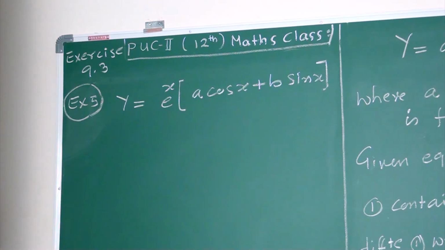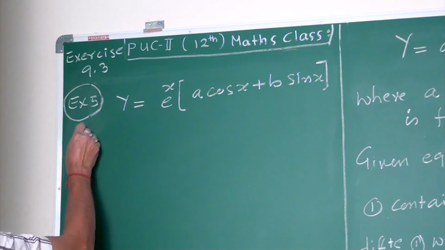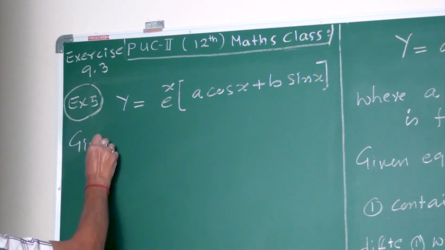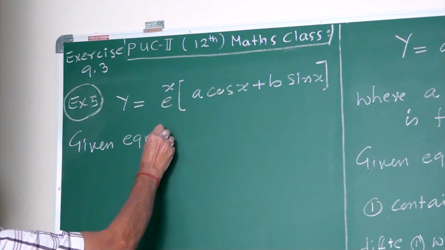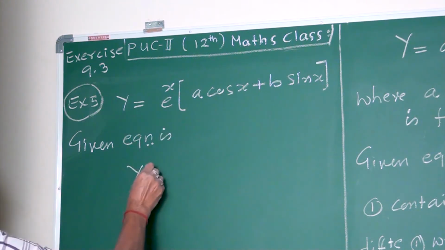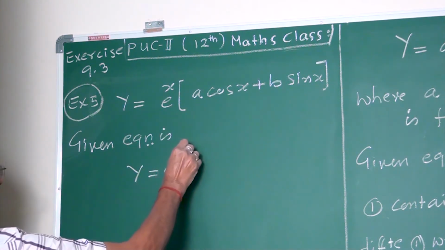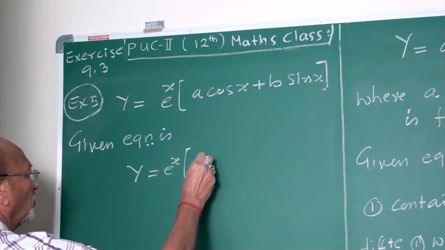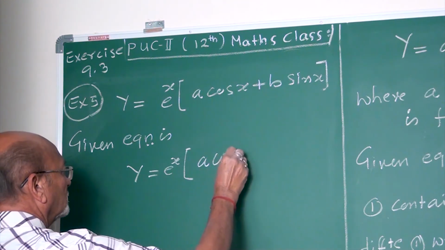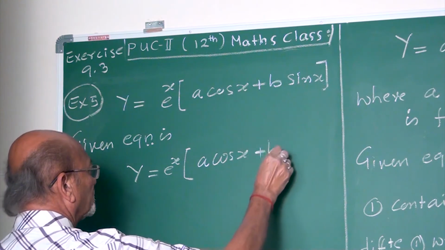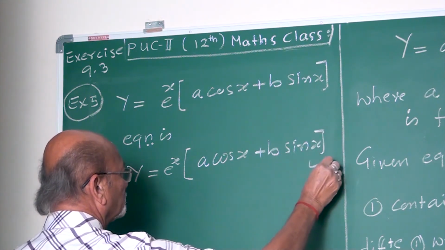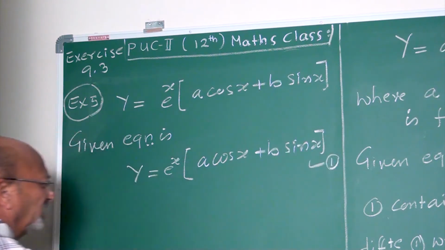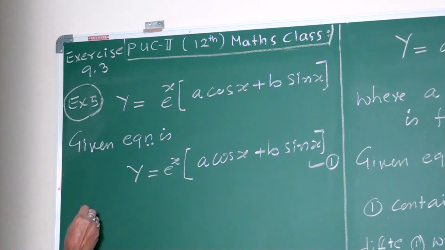Yes, my friends. Again, what is the given equation? The given equation is y equals e to the power x into (a cos x plus b sin x). You name this as equation 1. Same steps as before.